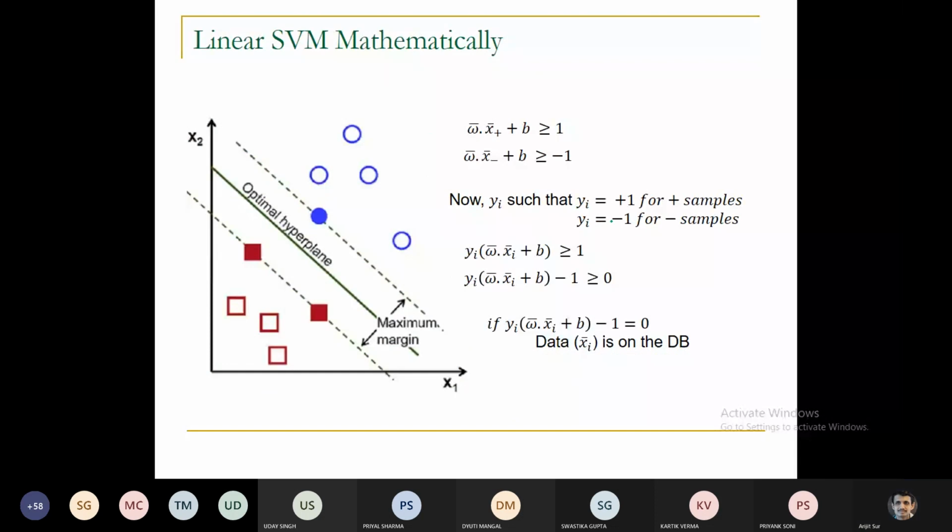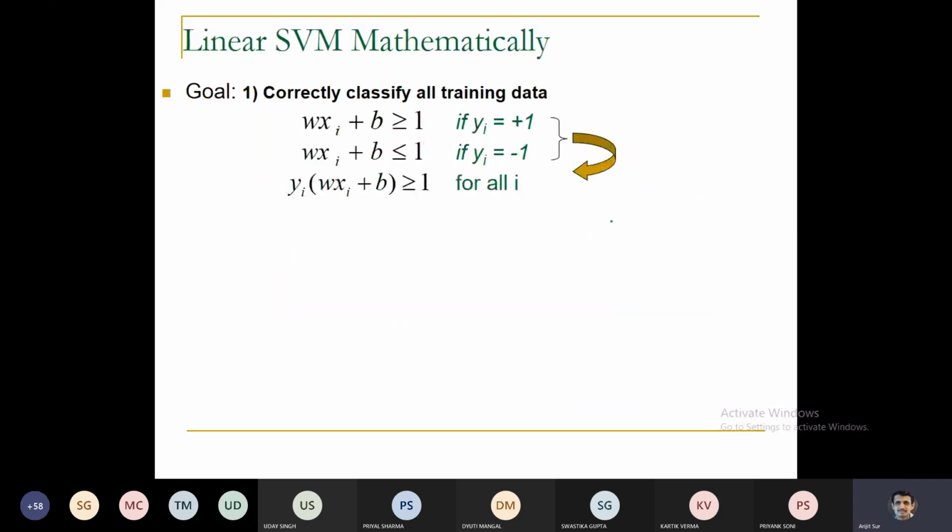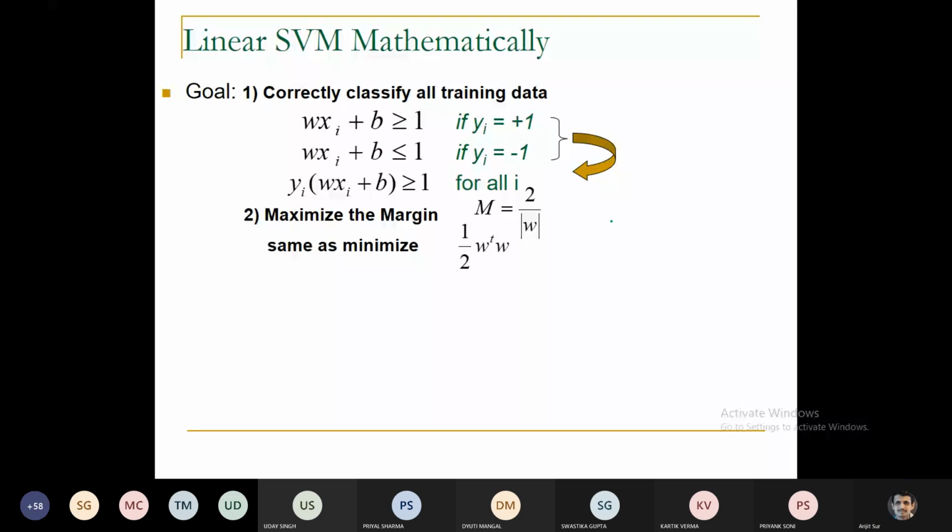And then we frame this optimization problem in this way: maximizing the margin is the same as minimizing the norm of W. So the maximization of this is similar to the minimization of that.